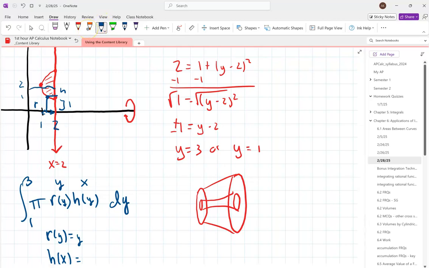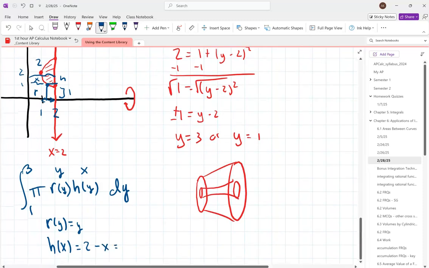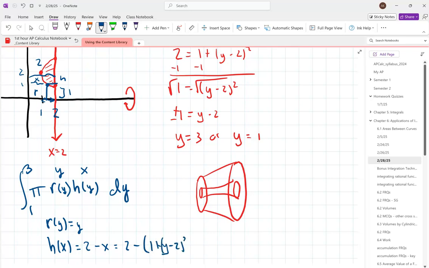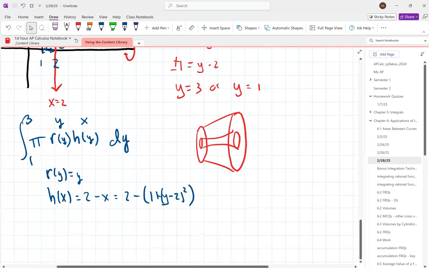Because x is that distance. What we want, or I'm sorry, this distance is 2, this distance is x, so my height should be 2 minus x, yeah. And the x in this problem is 1 plus y minus 2 squared. And now we got it.